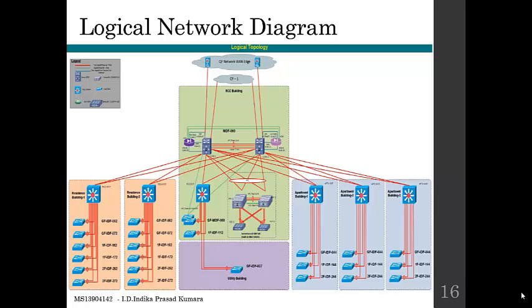And next, the logical network diagram. The logical network diagram I introduced here mainly consists of 3 switch layers. As I said previously, we implemented Nexus 7000 series switches, 2 switches for the core layer, and those Nexus 7000 series switches are connected to the server farm switches situated in the RCC building, which is the same premises where the core switches are situated.